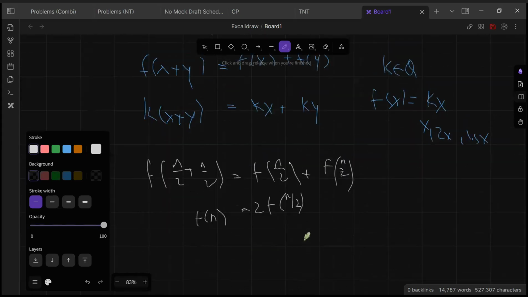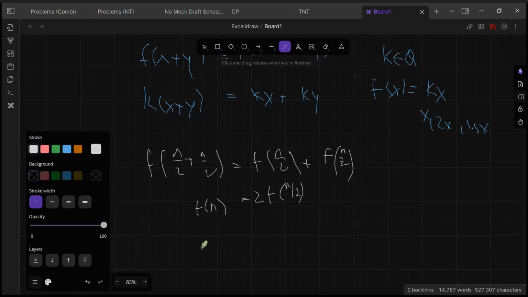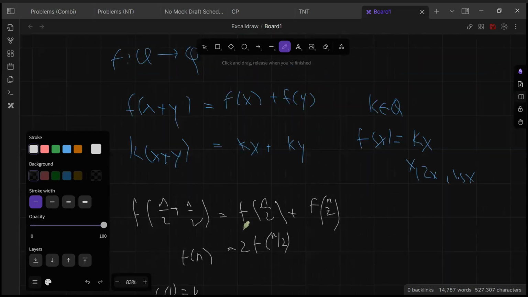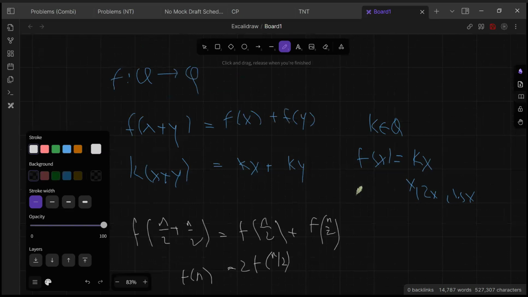Okay, cool. So in general, if we take f of 1 is k, then for the integers we will still get f of x is kx, simply as an extension of what we've already done.